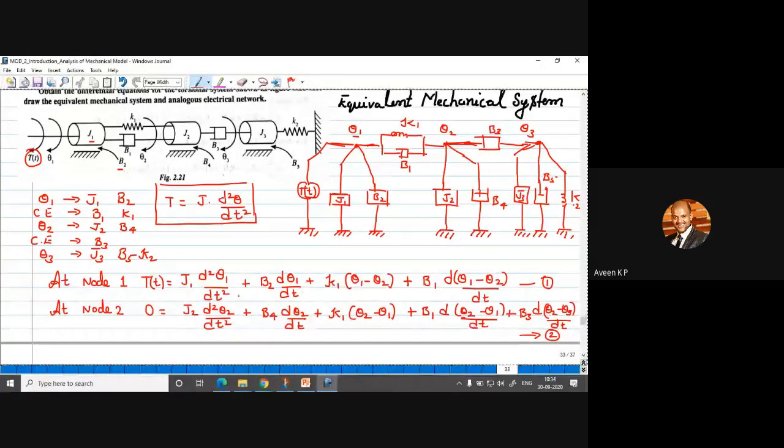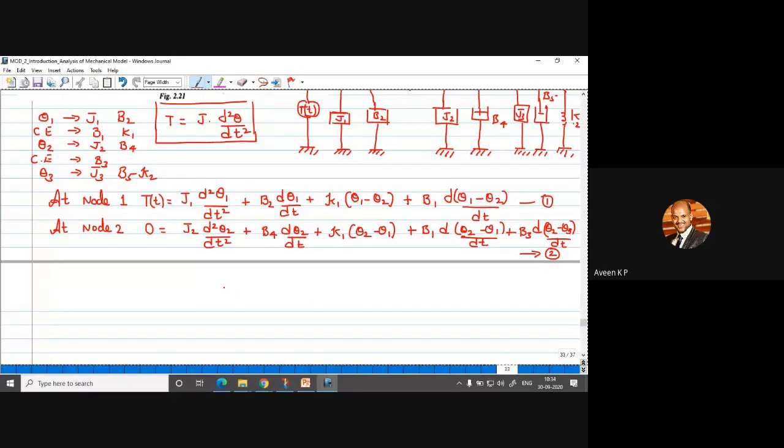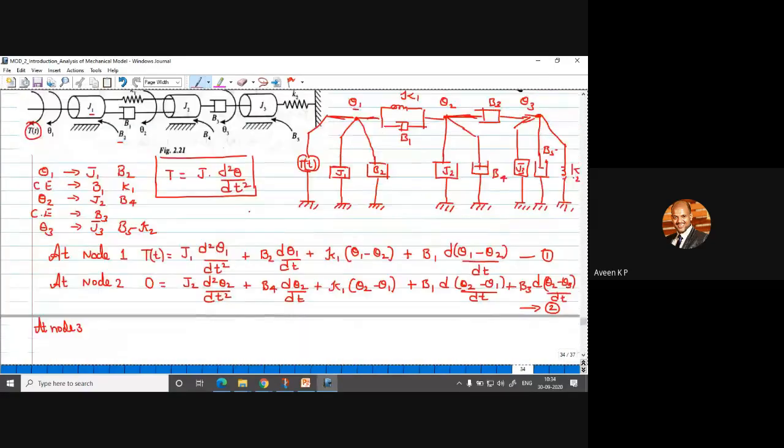In a similar fashion, let me write down node 3. Please check: at node 3, I have J3, check the figure also, B5 and K2. Three elements are undergoing purely theta 3, and one common element, that is B3.